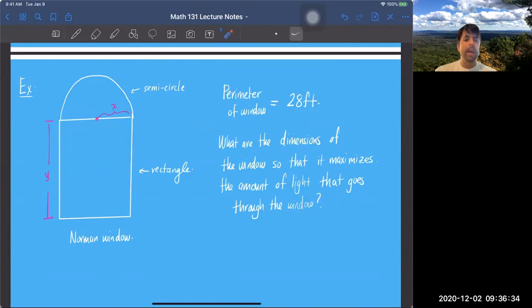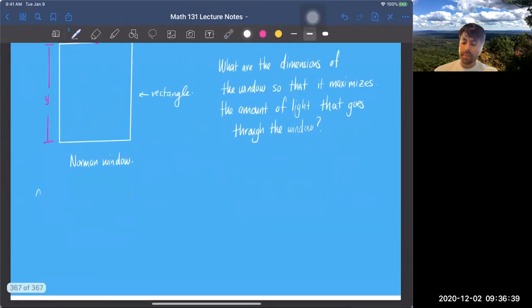So the first thing is, how do I represent the perimeter? How do I represent my condition?